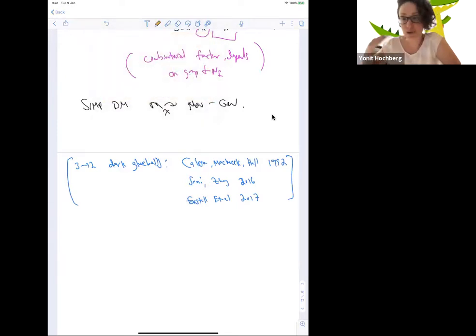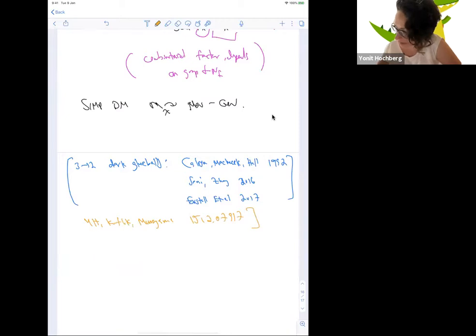And how do you mediate the interactions? Again, could be many different ways. One way, which we're going to look into in detail right now, is to use the kinetically mixed dark photon. So let me just give you the reference for that. So that's work that we did with Kuflik and Murayama. That's 1512.07917.